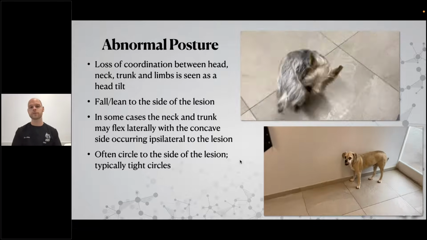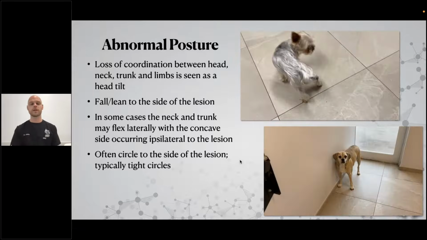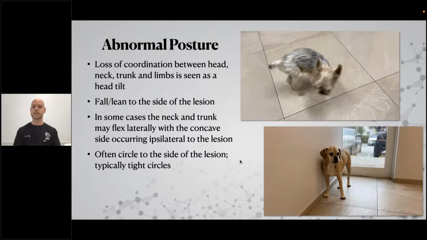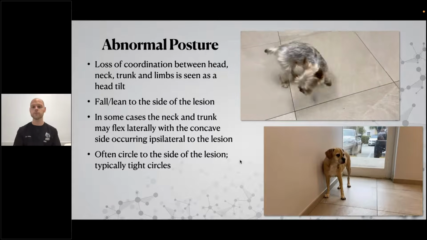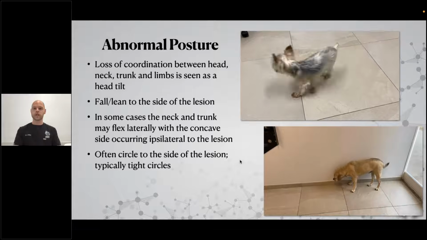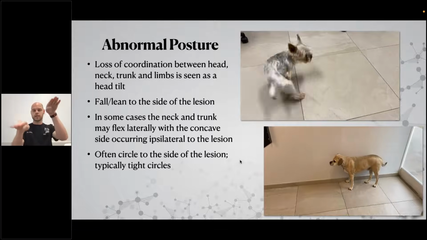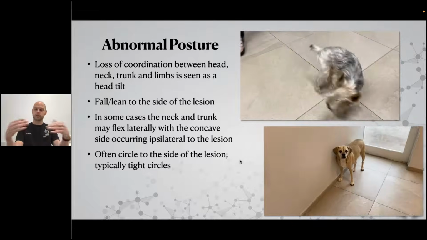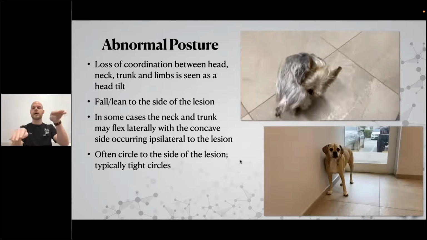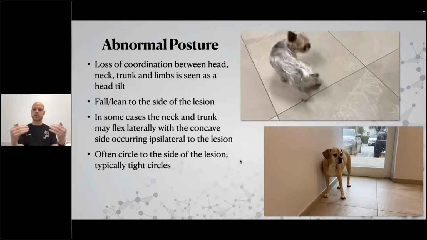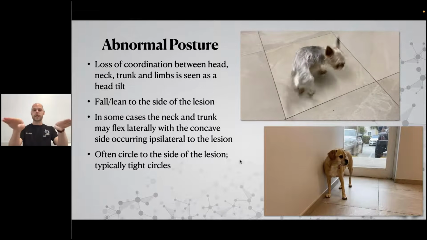So there's loss of coordination between the head, the neck, the trunk, and the limbs, as seen in a head tilt. That is when you look at the patient, one ear is lower than the other. It really helps when they have nice erect ears, but you can also look at them from behind.